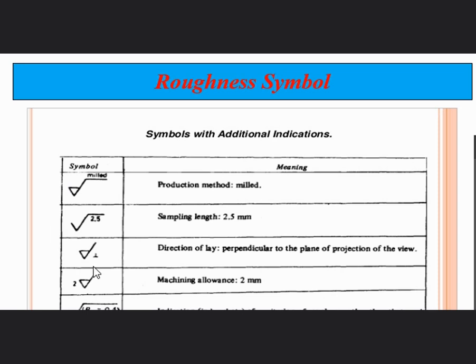This is a very small topic but has huge importance, because many times these symbols are on the drawing but students simply do not understand them. It's very important that you understand each and every aspect of the engineering drawing, because they are there for a purpose.